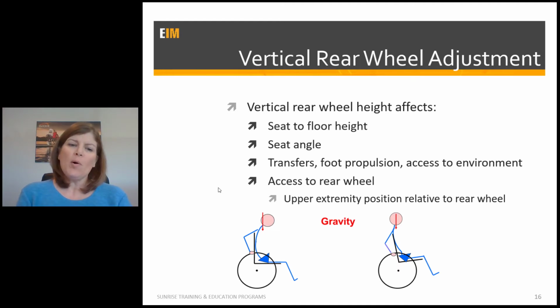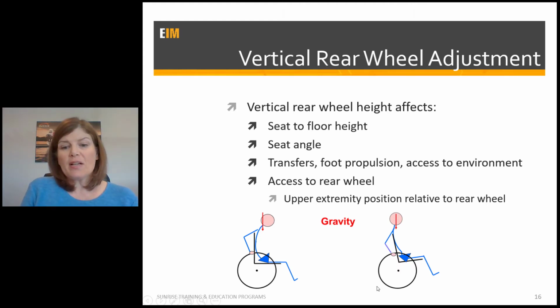Now, hopefully what you also see in the graphics below are that not only do we achieve perhaps better positioning using gravity to assist, but we also can achieve some more optimal rear wheel access through the upper extremities. So here in the picture to the left, we've got some shoulder extension while trying to reach the hand rim.